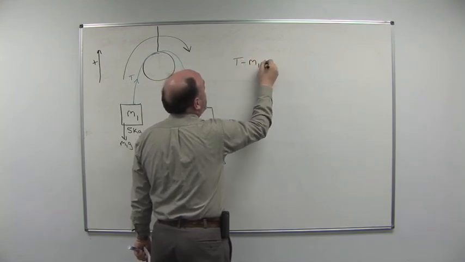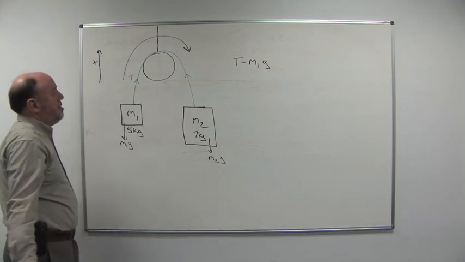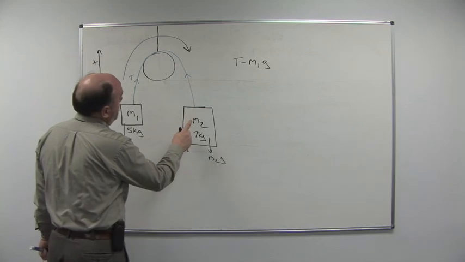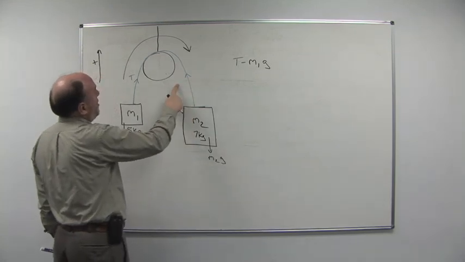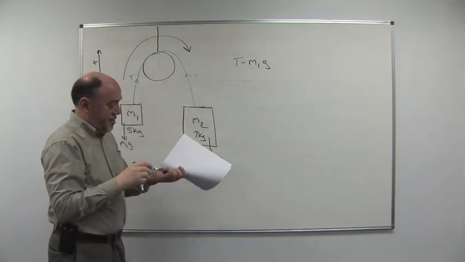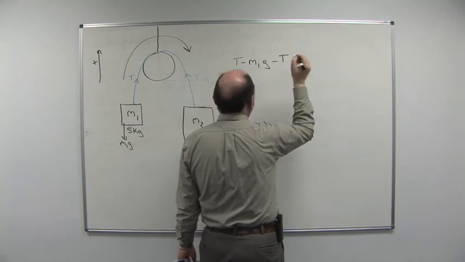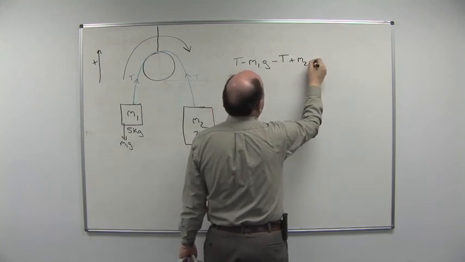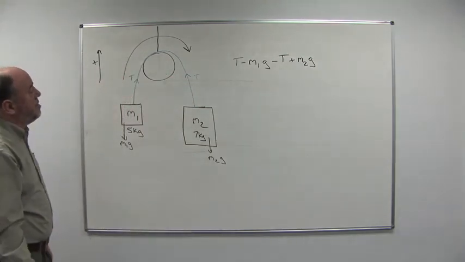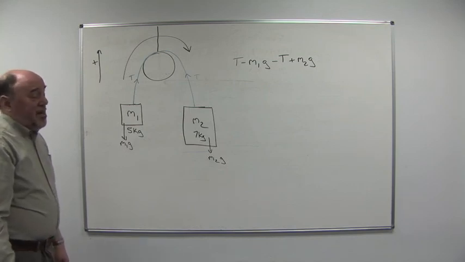We have the weight of the first block is in the negative direction. Over on this side, we have that this T is in the negative direction. And the weight is in the positive direction.